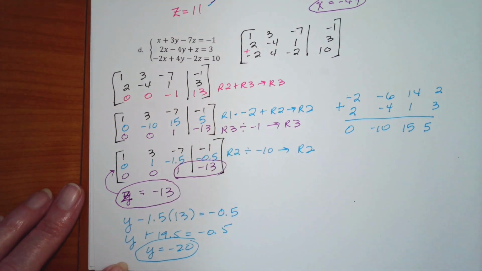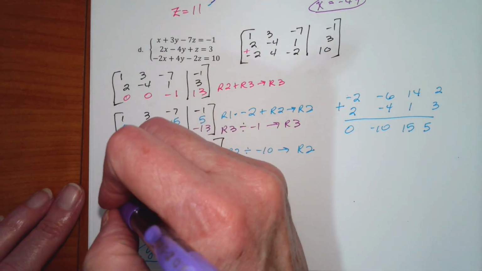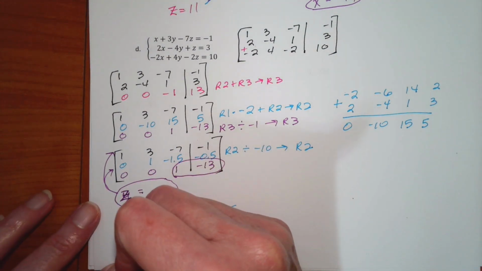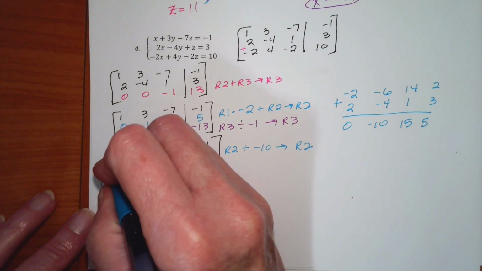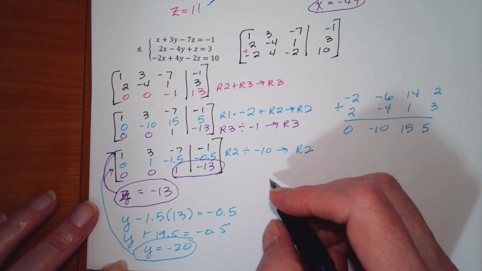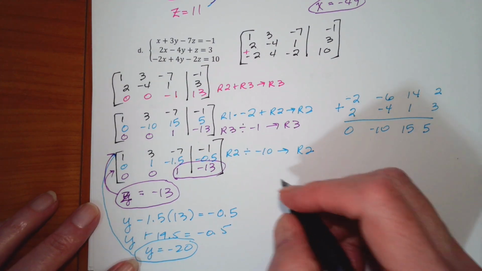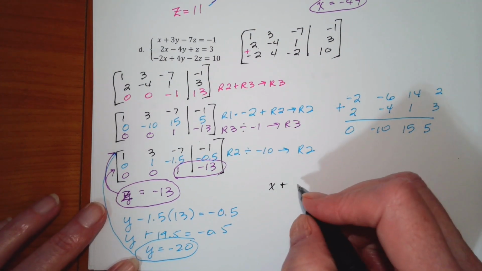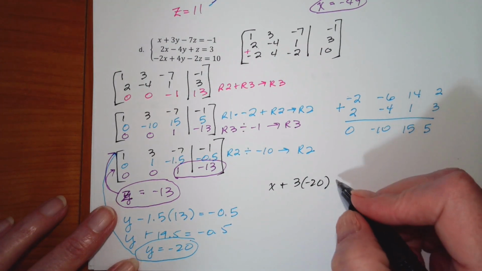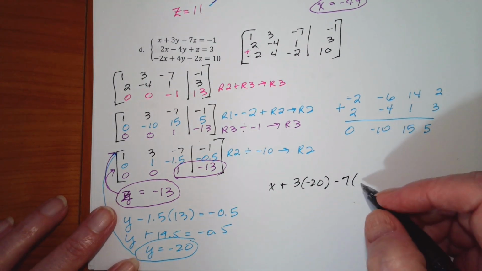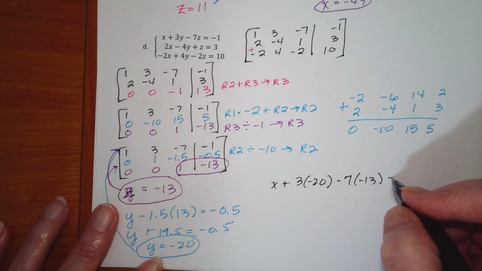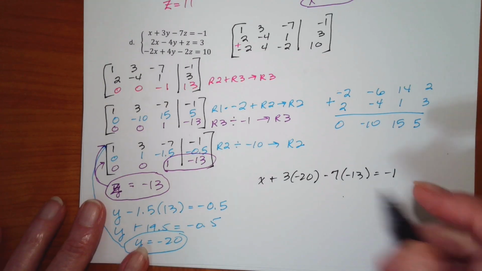So now I'm going to take both of these and put them into my top equation to find x. So that gives me x plus 3 times y minus 7 times z is equal to negative 1.